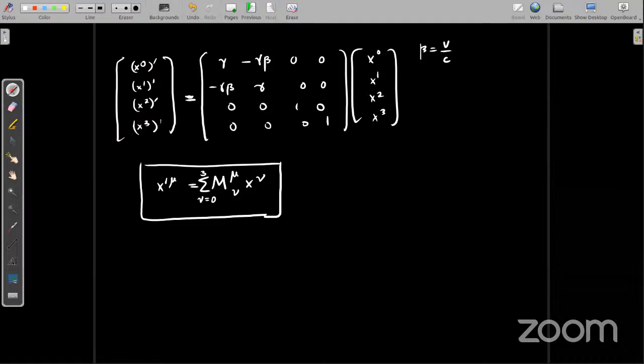Now you realize that the entire huge four-line matrix has been reduced to a single line. This is where the definition of a 4-vector comes in. A quantity like this is called a 4-vector, because it has 4 components.